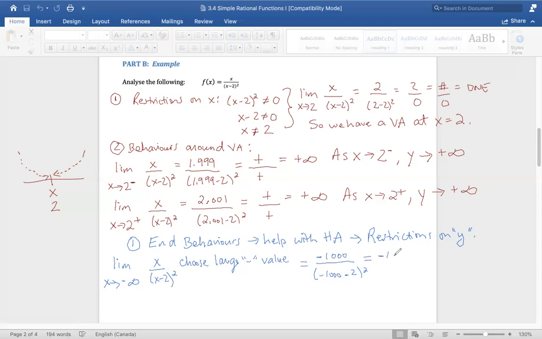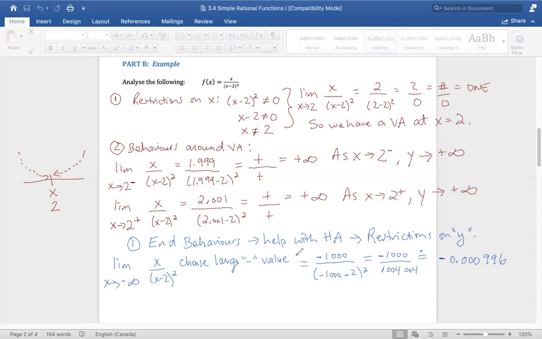I have -1,000 over 1,004,004, and that gave me a value close to, I cut it off a little bit, so that's why I put the dot on top, negative, obviously, 0.000996.